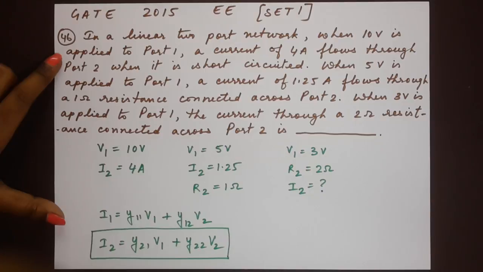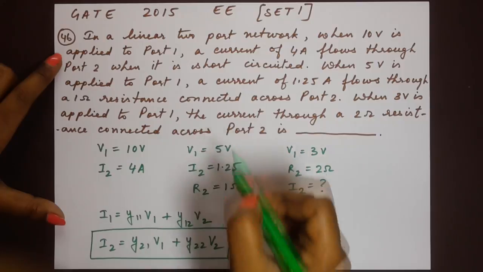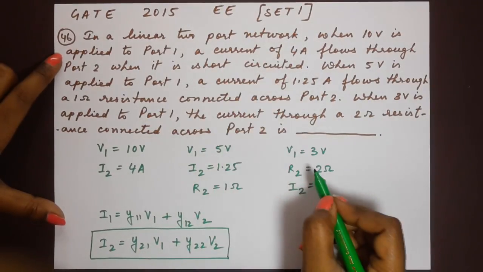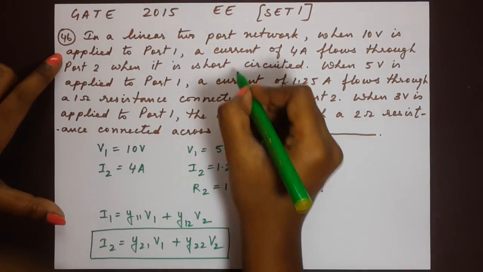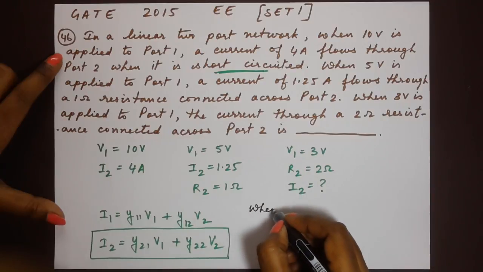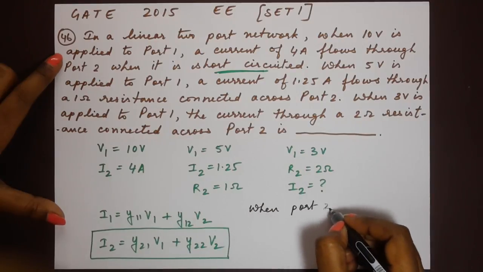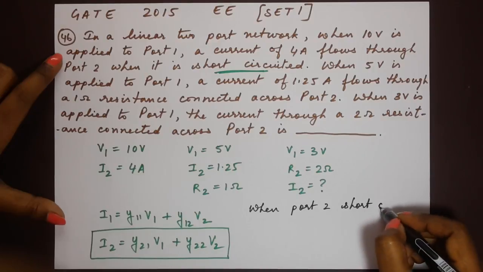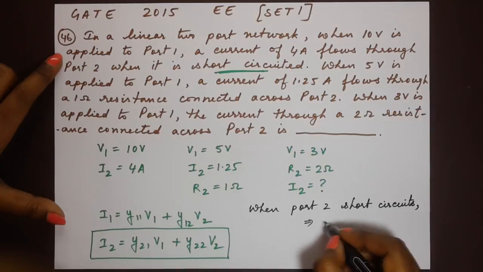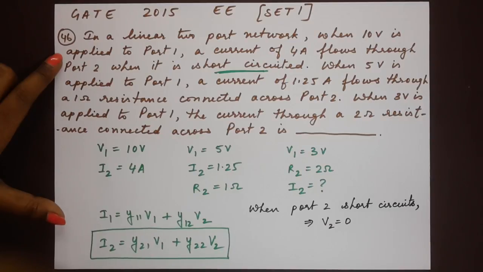So when port 2 goes through a short circuit, because here it says that when 10 volts is applied, a current of 4 amps flows through port 2 when it is short circuited, I'll write that down. When port 2 short circuits, V2 is equal to 0.